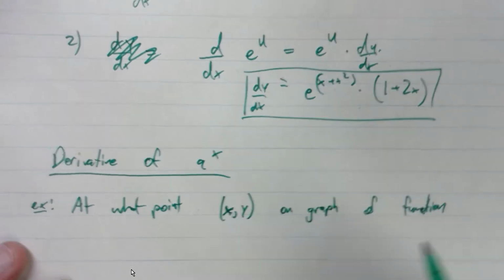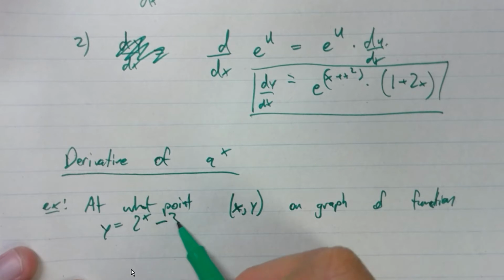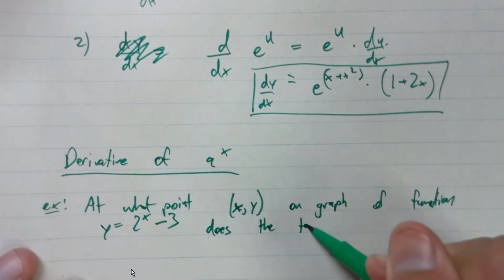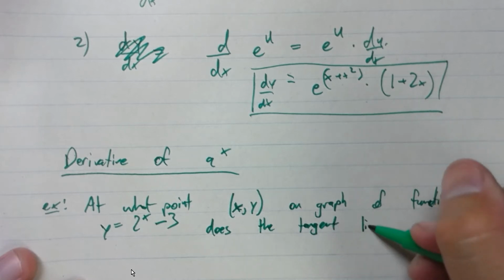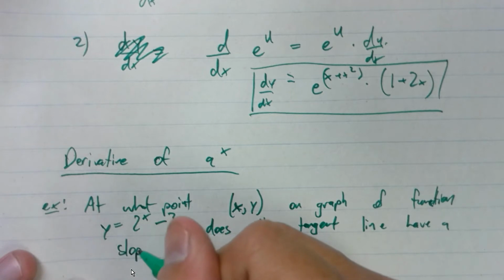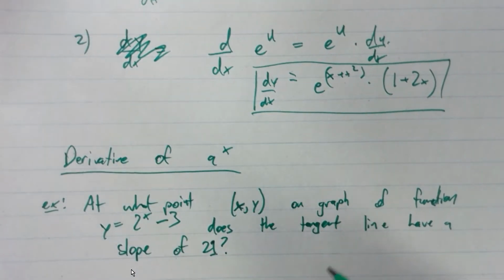I know it's really hard. y is equal to 2 to the power of x minus 3x. Does the tangent line have a slope of 21? Okay.